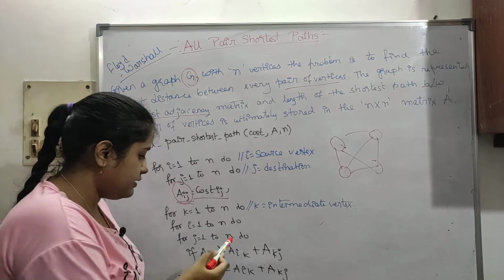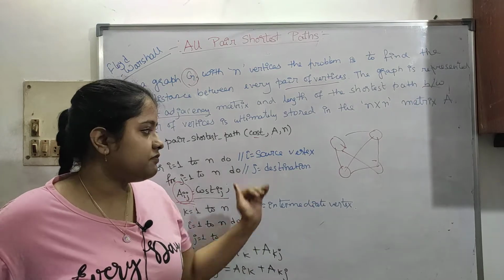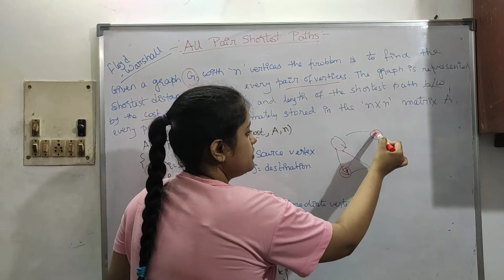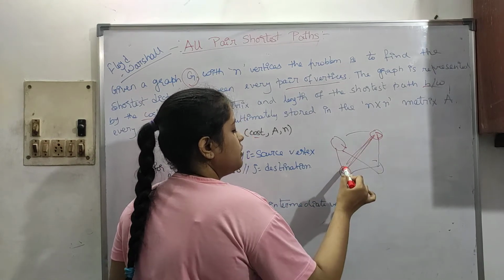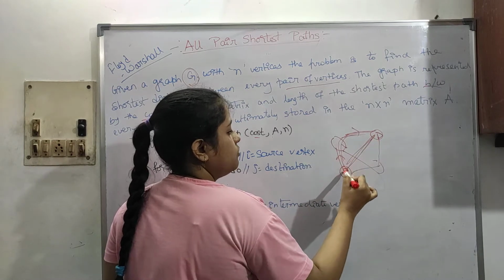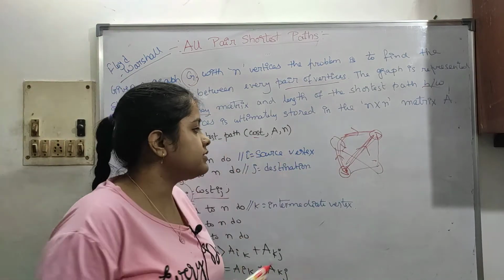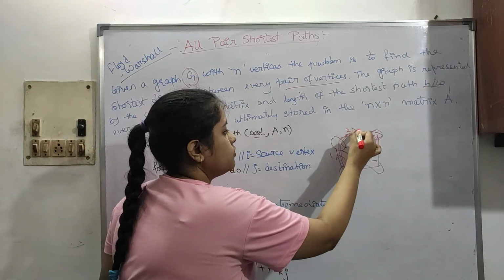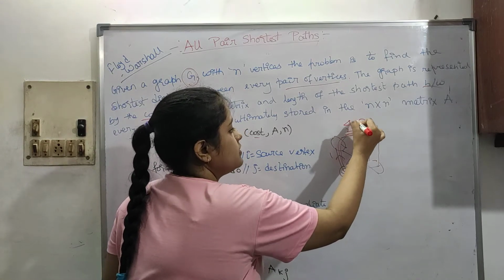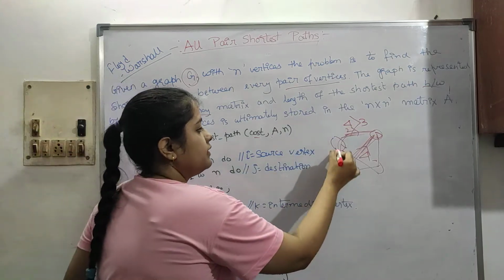Say this is the source and this is the destination; we can go directly, or we can go via this other vertex. Let's say the direct cost is 4, and the two parts are 1 and 2. So 1 plus 2 is 3, and 4 is greater than 3. So we will take the via path.